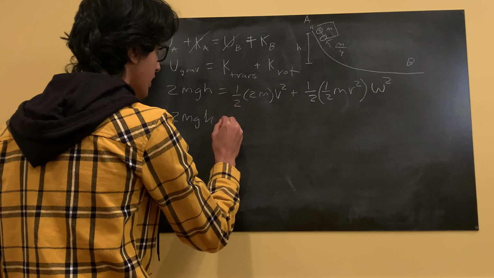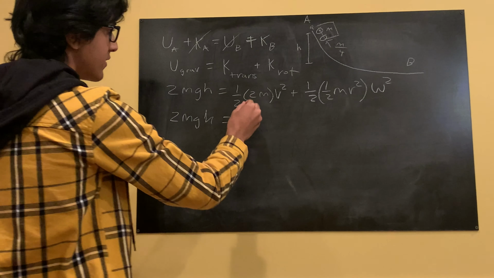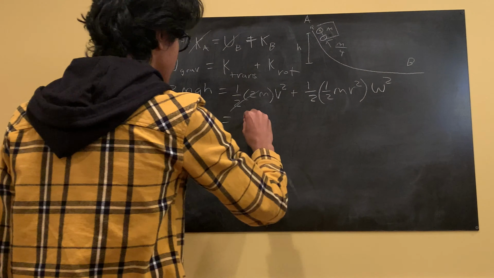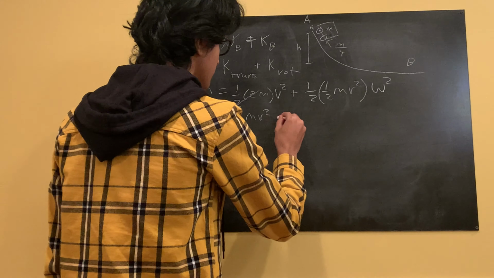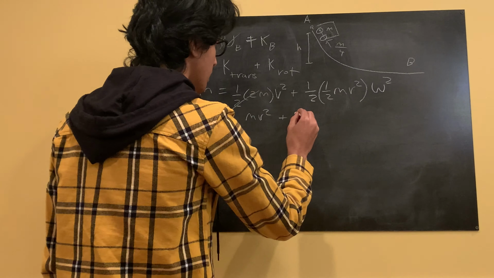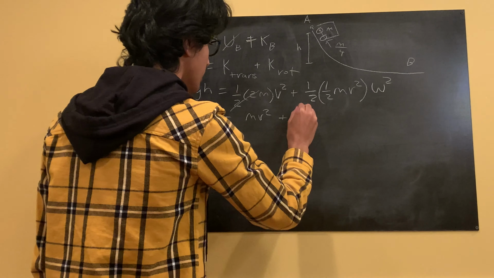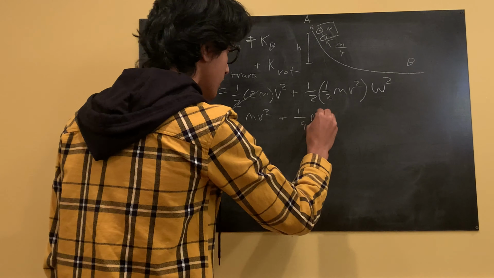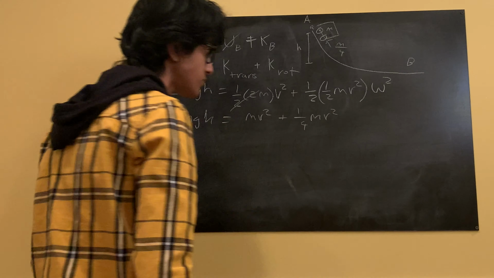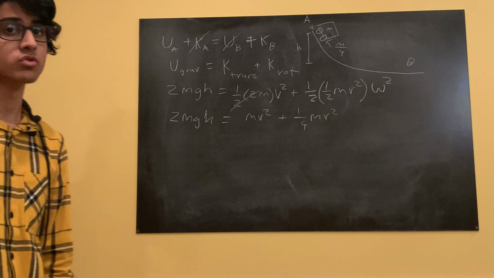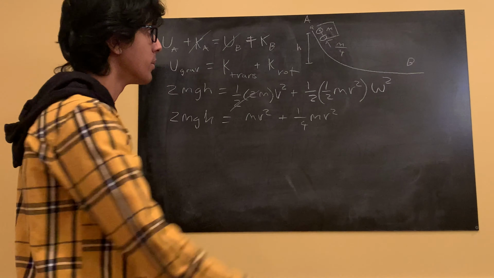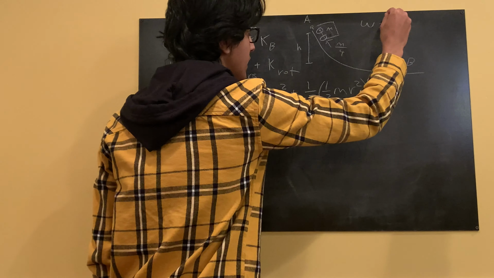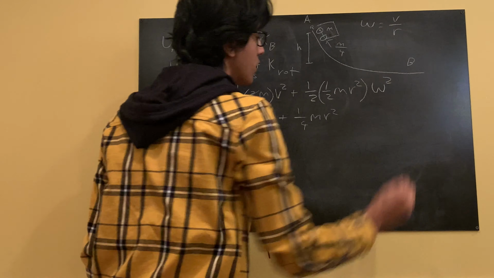Let's do some simplifying now. These will cancel out, so we just get mv squared plus, we'll multiply that out, we get 1 over 4 mr squared. And omega, if there's rolling without slipping, one thing that we can do immediately is say omega is equal to v over r.